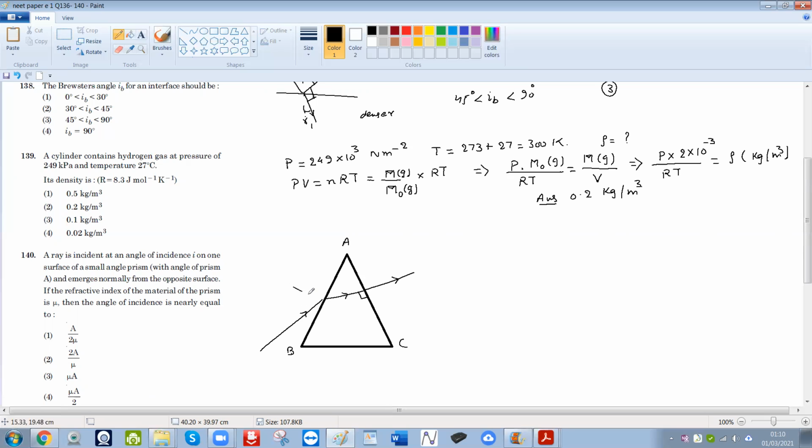Now, at the face AB, suppose I is the angle of incidence. Now, this becomes angle of refraction at the face AB.